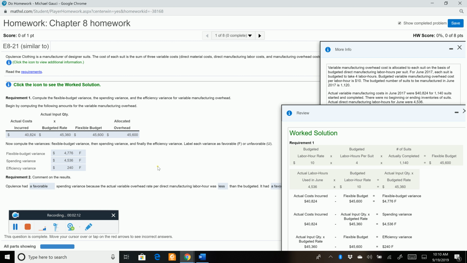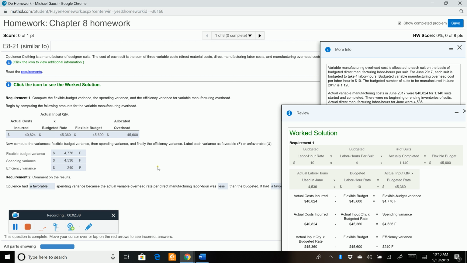And that was a rate that was calculated before the year. It's called the predetermined overhead rate. The budgeted number of suits to be manufactured in June is 1,120. So that's how many suits we were expecting to make. Actual variable costs for June were $40,824.